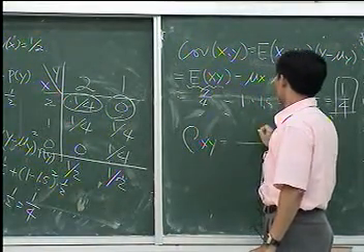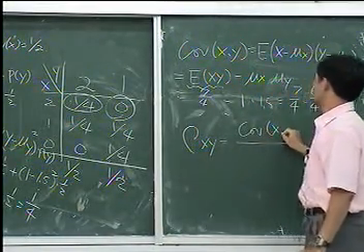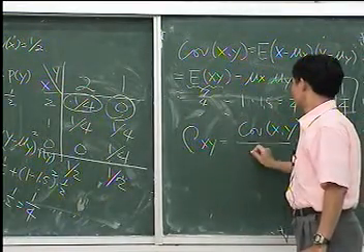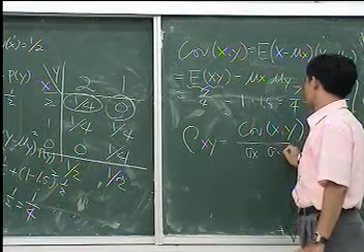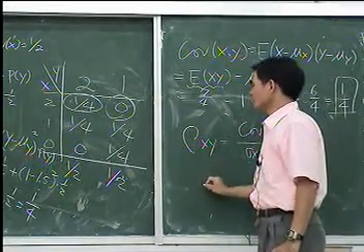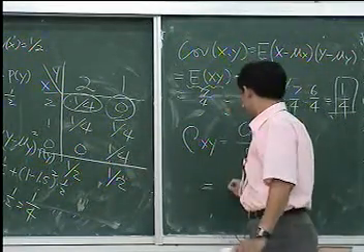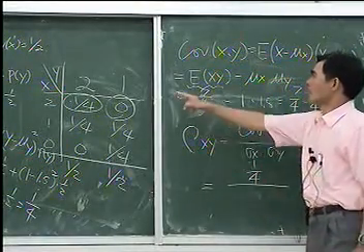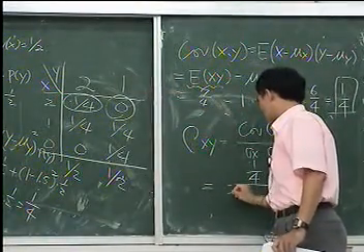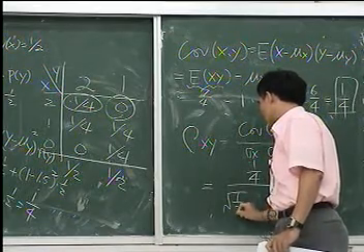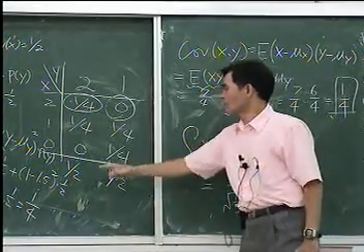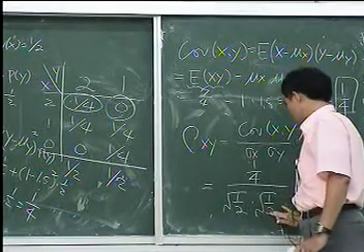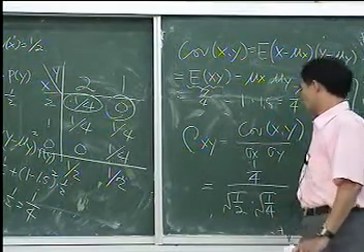Rho xy is equal to covariance xy divided by sigma x times sigma y. We know the covariance is 1/4, divided by the square root of 1/2 and the square root of 1/4.